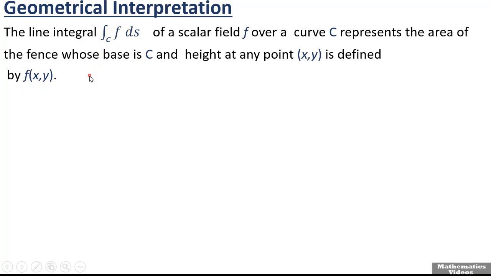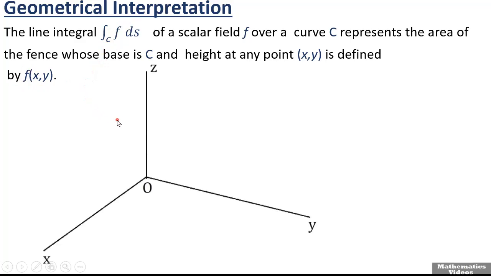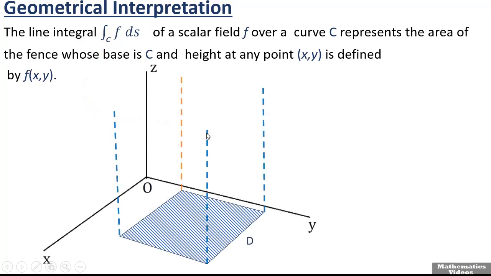Now we can further understand this concept, and for this I will consider the surface described by the equation z equal to f of x and y, where f is defined on some certain domain D lying in the xy plane.